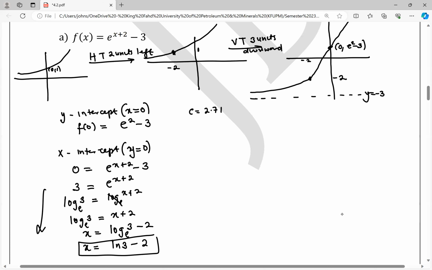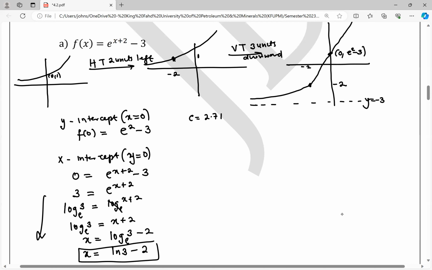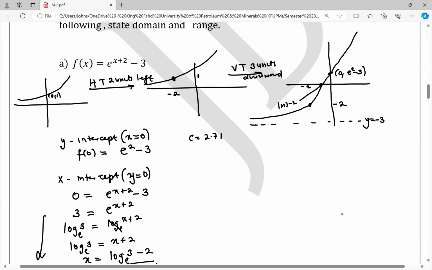So it means that this point is actually ln 3 minus 2 here. The x-intercept is ln 3 minus 2. All right. So we can do with this.